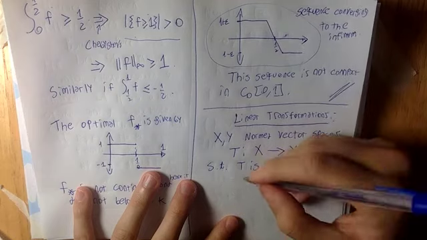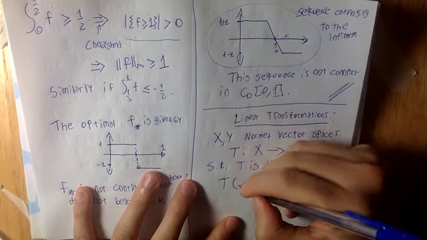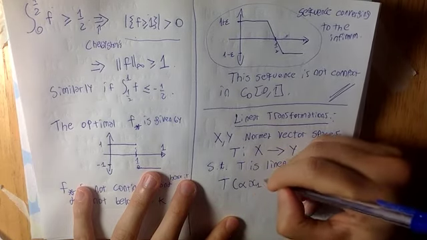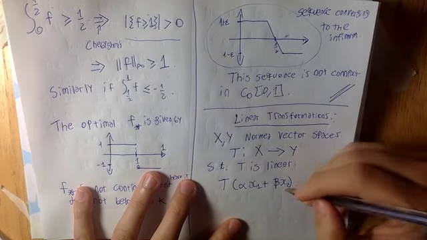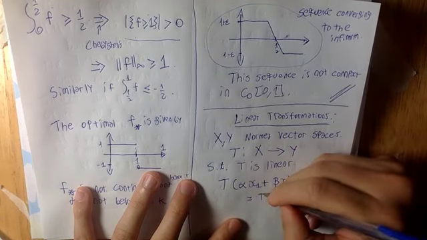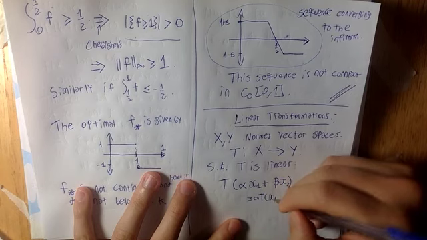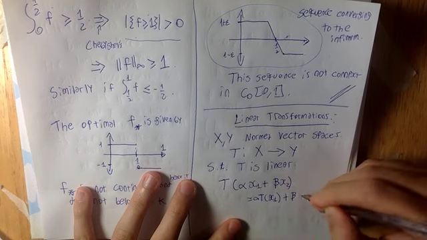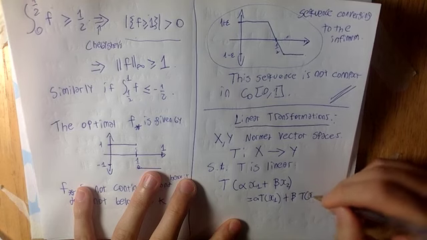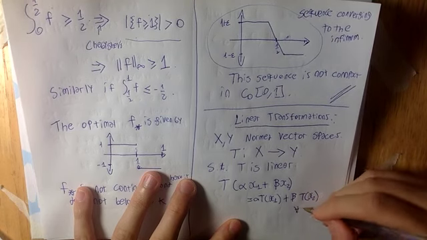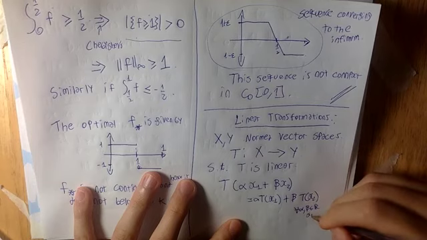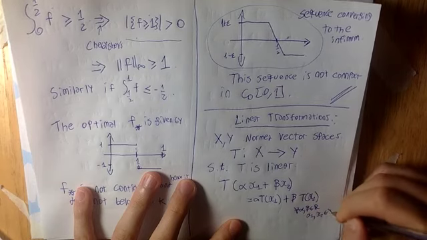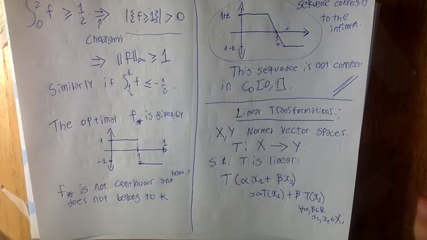What do we mean by linear? T of alpha x1 plus beta x2 is equal to alpha T of x1 plus beta T of x2 for every alpha, beta in R and x1, x2 in X.